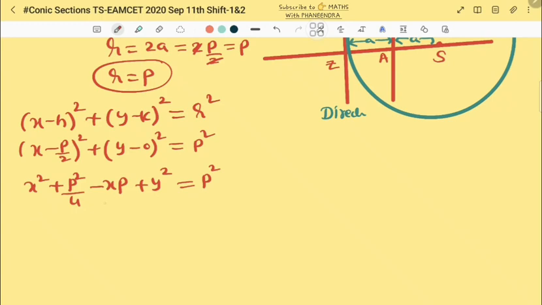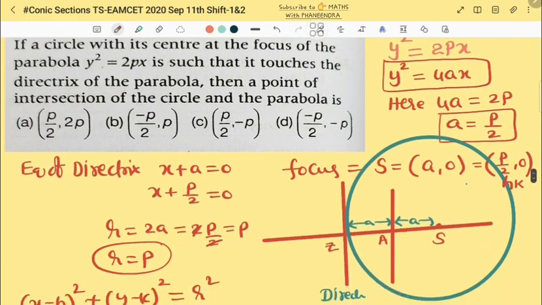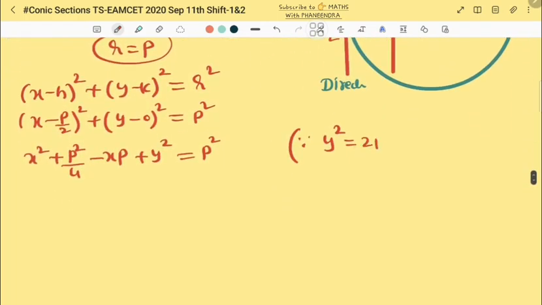So x square plus, and one more condition here, the parabola equation. What is the given parabola? y square is equal to 2px. So substitute in this: x square plus p square by 4 minus xp minus 2px equal to p square.